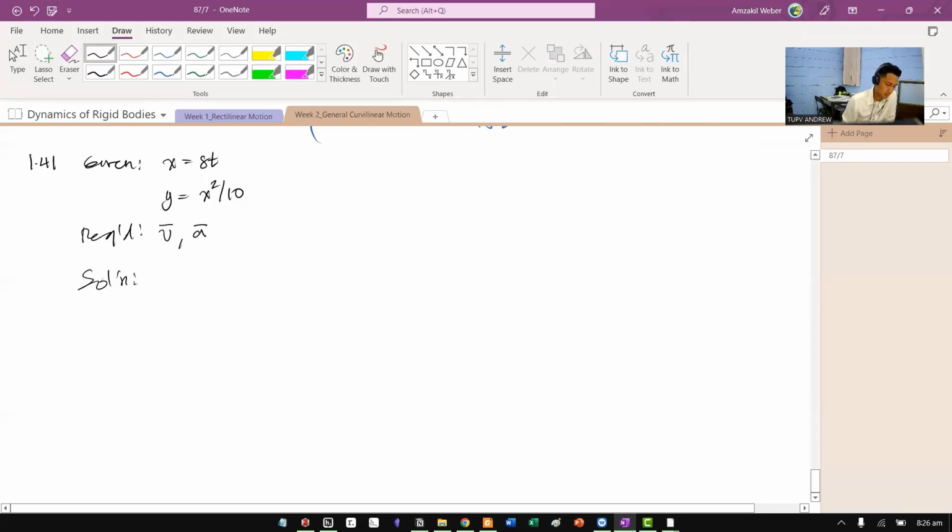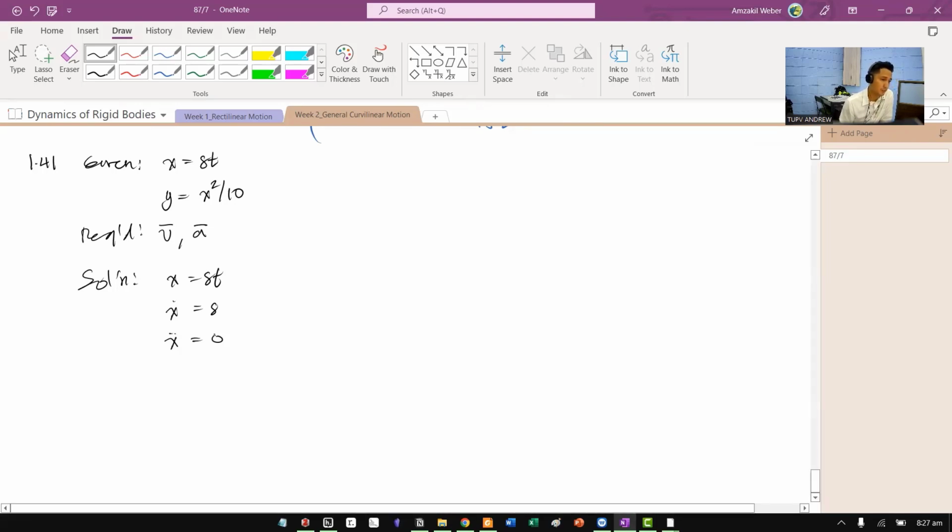So the solution would be to utilize the givens. Let's start with x, because first we have x as a function of time, which is 8t. If we derive this one, then it becomes just 8. The velocity is 8. Then one further derivation will result to 0. There's no acceleration, there's constant velocity 8, and the displacement is 8t.